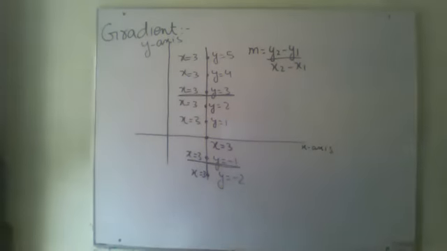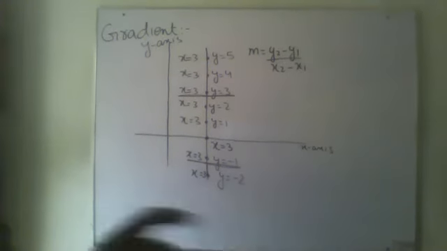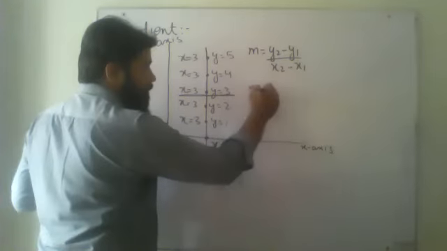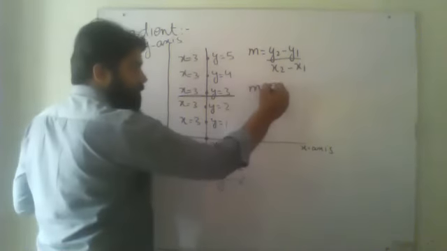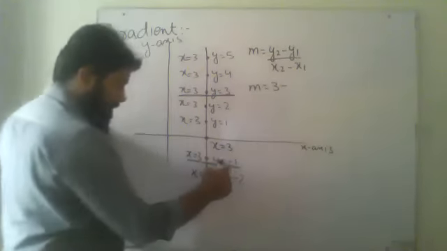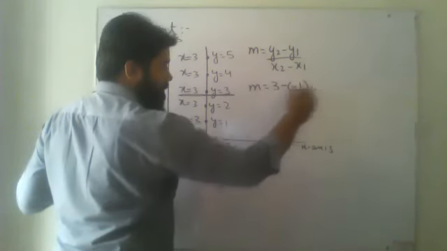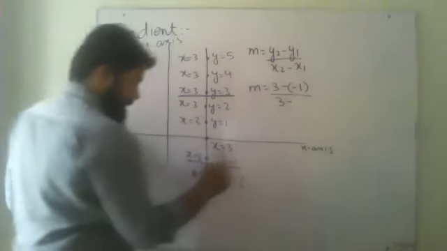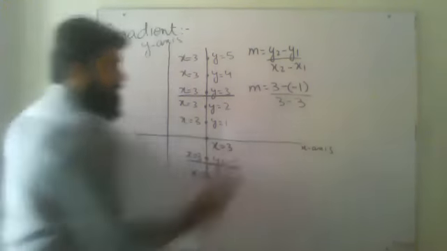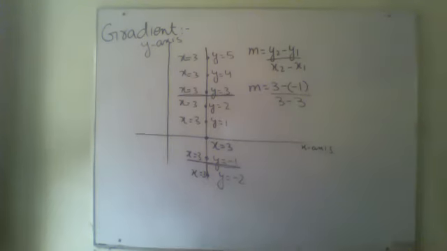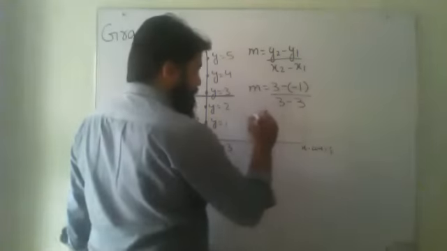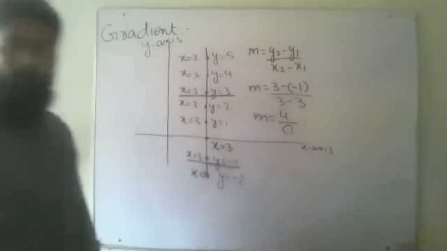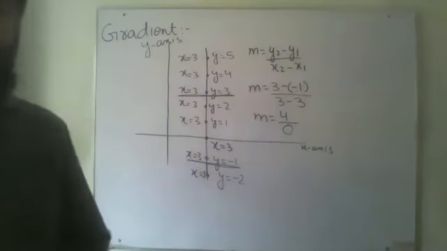Plotting my values, m equals to y2 3 minus y1 minus 1 upon x2 3 minus x1 3. Simplifying it further, m equals to 4 over 0.